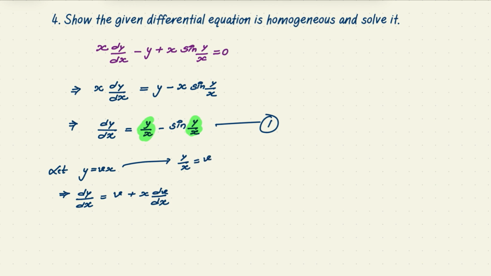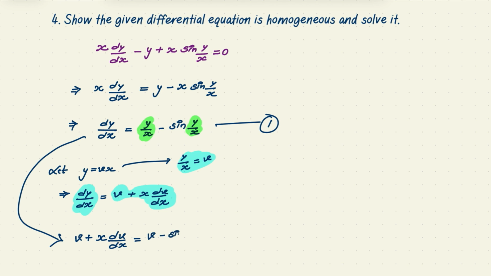Now let us put the value of y over x as v and the value of dy over dx as v plus x into dv over dx in equation 1. So from equation 1, on the left hand side we will have v plus x into dv over dx equals to y by x is v minus sine y by x is sine v. So here this v and v got cancelled.